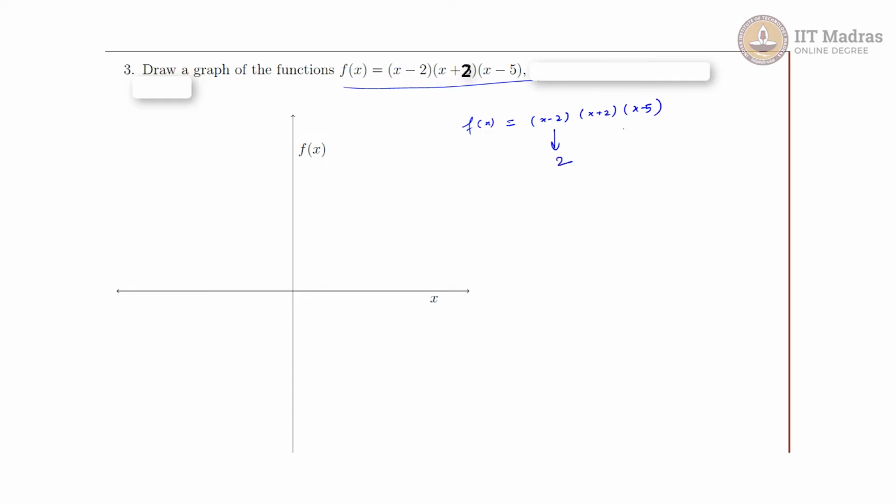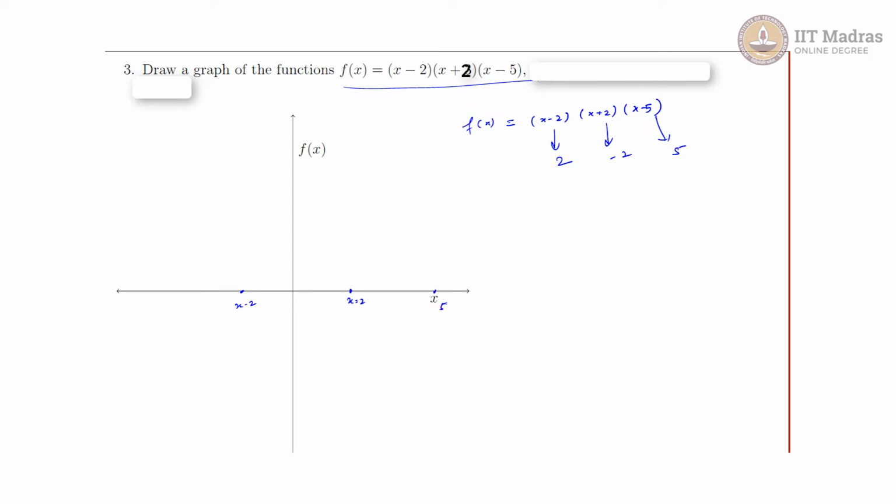This will give 2, this will give −2, and this will give 5, which means the curve will cross the x-axis at these 3 points. What are those points? x = 2, x = −2, x = 5.